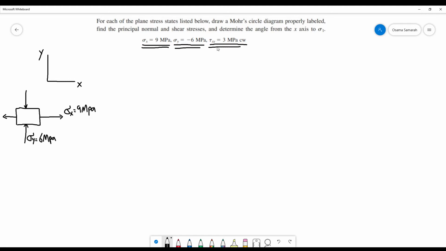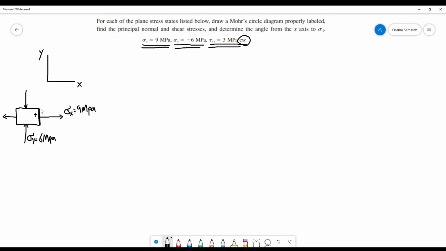Now you might be wondering how to draw tau xy since it's clockwise. CW stands for clockwise. So let's take this plane right here, the positive x plane. So the positive x plane, and tau xy, since it's clockwise, by sign convention it should be negative.